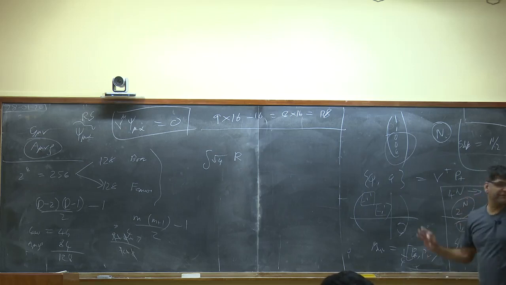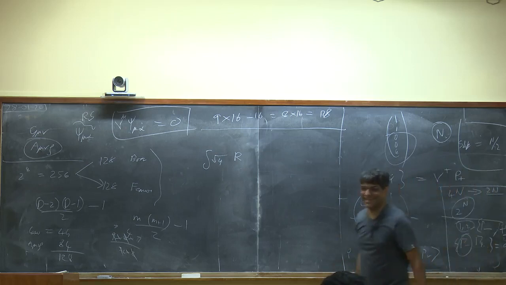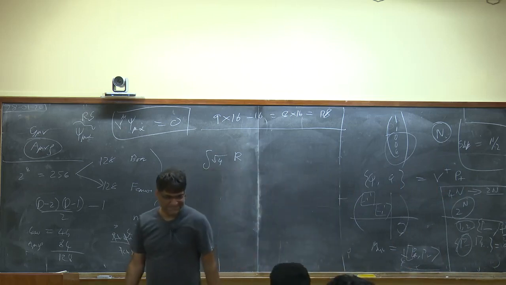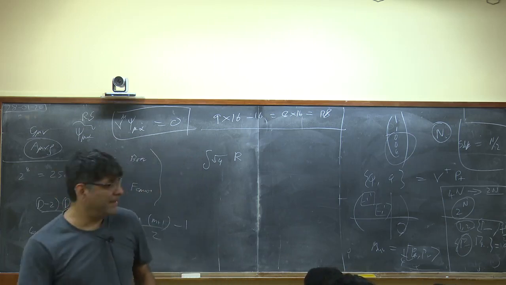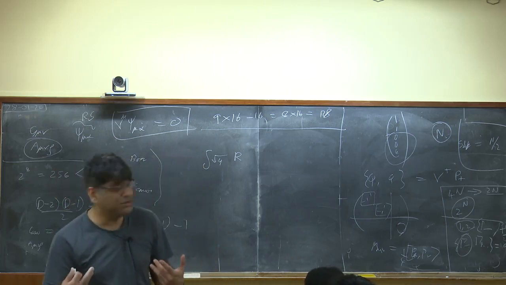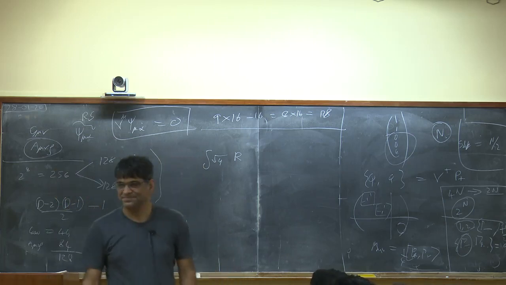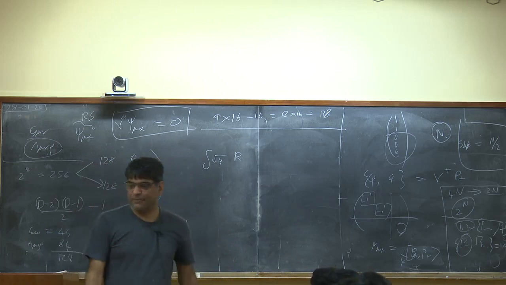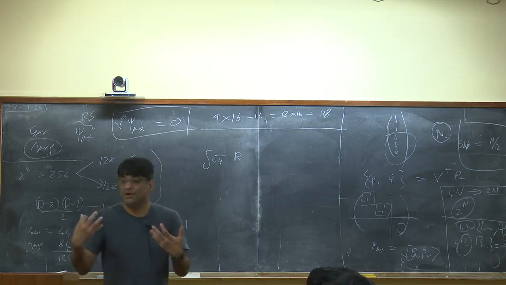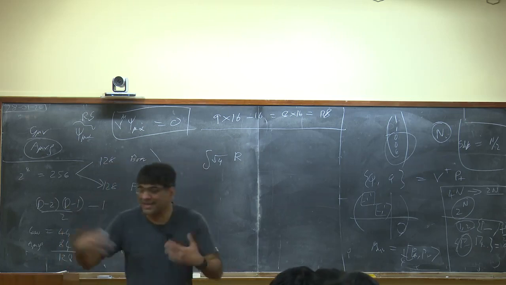This is an exercise I'm sure you've gone through for Maxwell theory. This is the same exercise. You need at least as many gauge symmetries as there were A0 type oscillators to be able to get rid of these states.